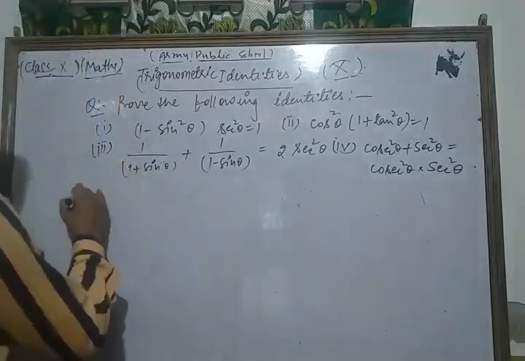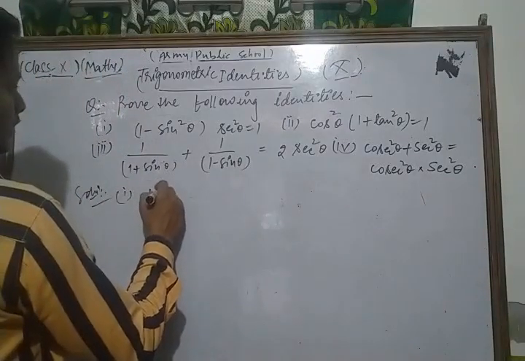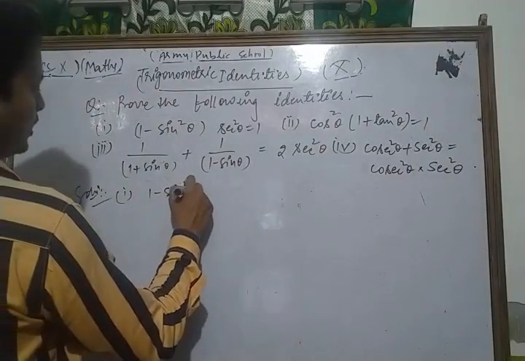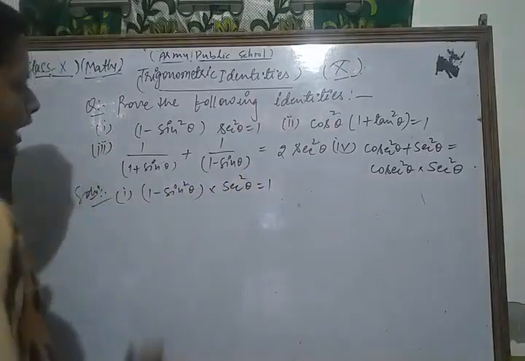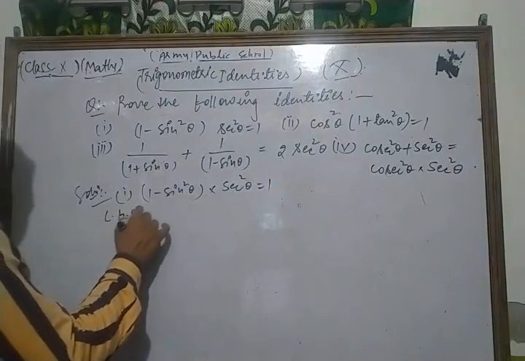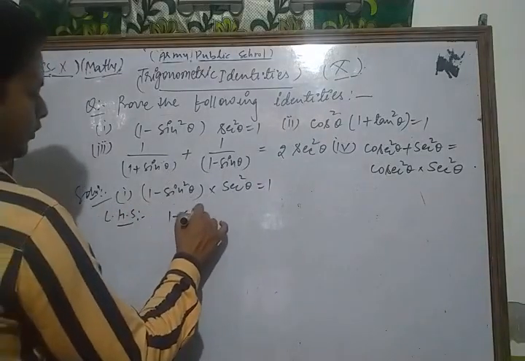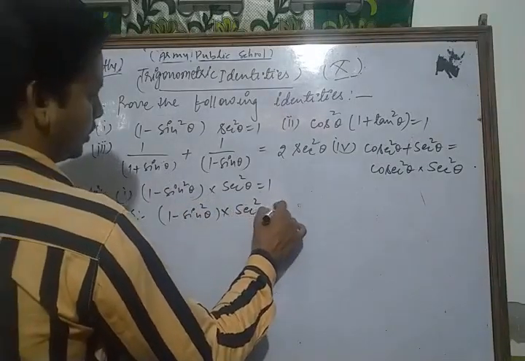First of all, we take the first part of this question and solve it. First part is (1 minus sin square theta) into sec square theta is equal to 1. We have to show that this is equal to this. First we take the left hand side: 1 minus sin square theta into sec square theta.